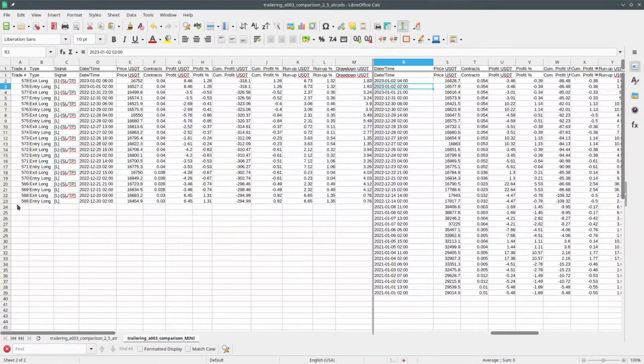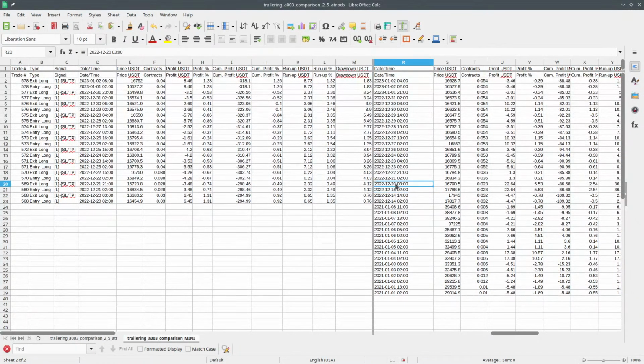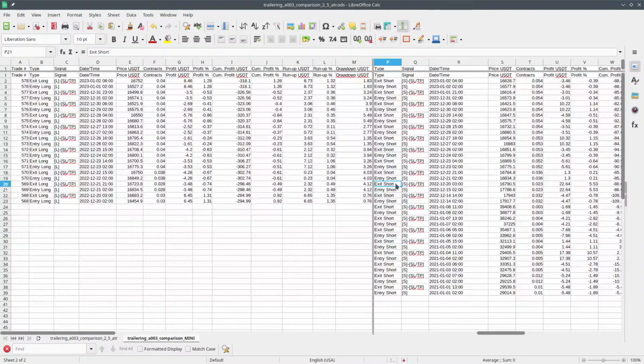Okay, let's do it the other way around. The most recent one is 20 of December. Or is it 14 of December, 20 of December, 3 o'clock. Okay, so 15 of December, 2 o'clock. Do we have 15 of December? No. We want 20 of December. 21 of December, 2 o'clock.